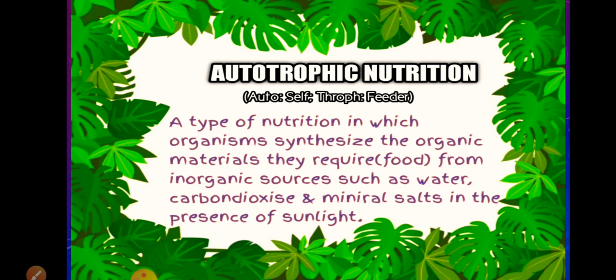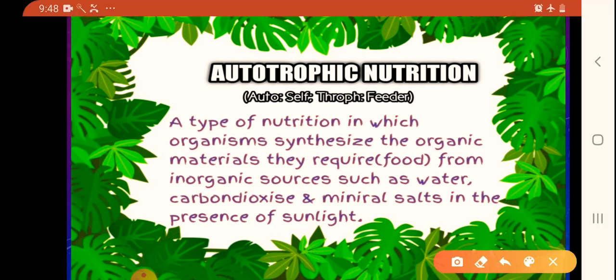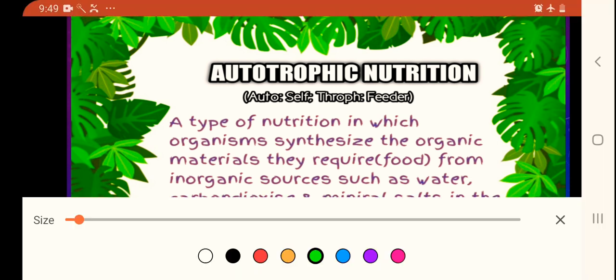They are dependent on non-living substances which are present in nature. A type of nutrition in which organisms synthesize the organic materials they require. Over here, by organic material, what do we mean? By organic material we mean food.